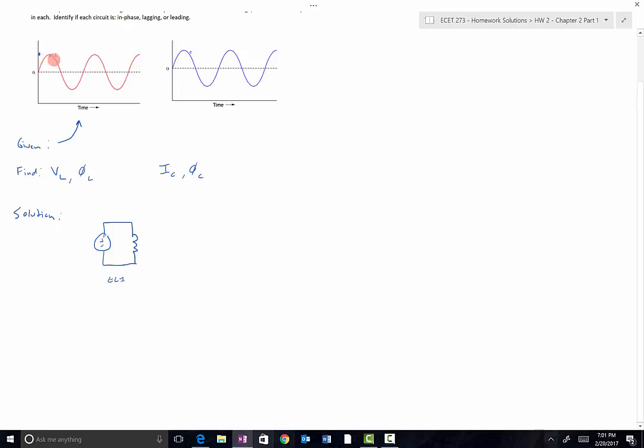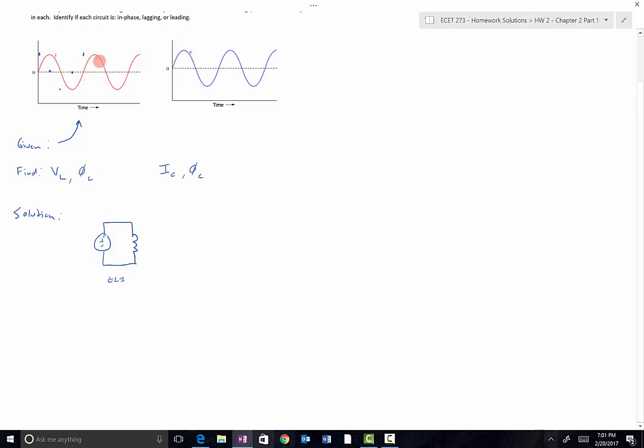That's a peak. When the current peaks, the voltage needs to reach a minimum. When the current crosses the zero axis, the voltage needs to reach its negative peak value, and that behavior is going to repeat.